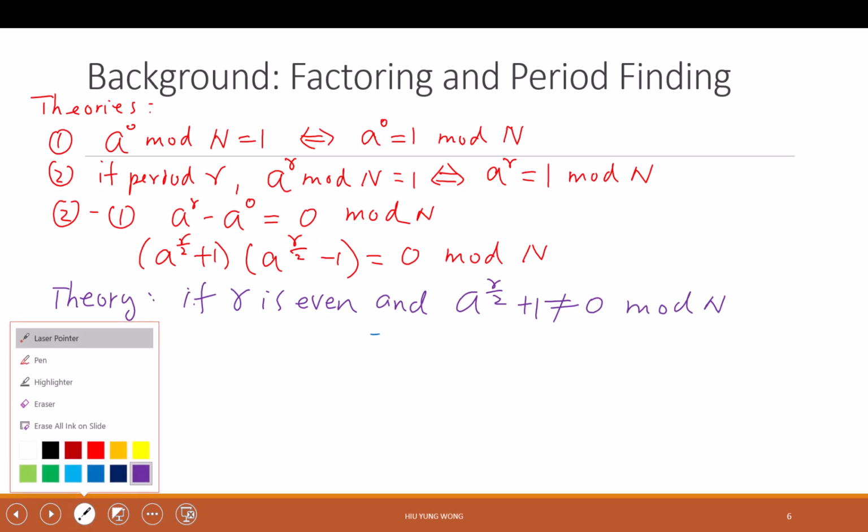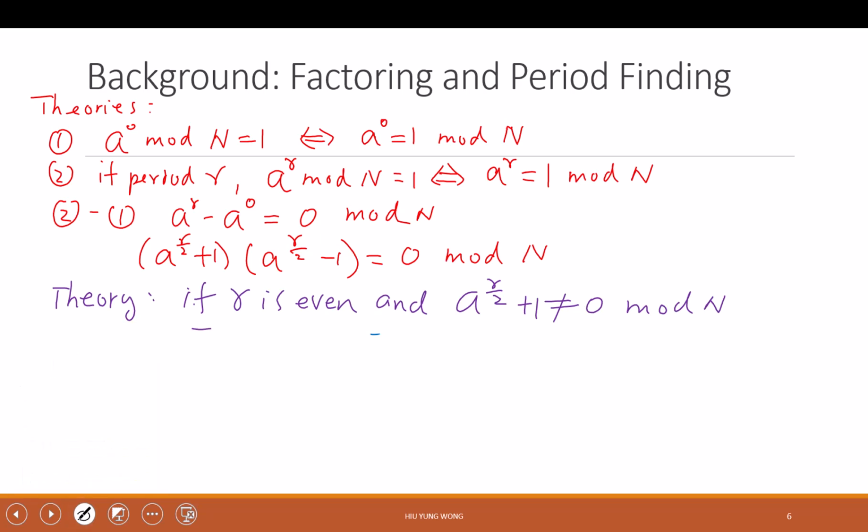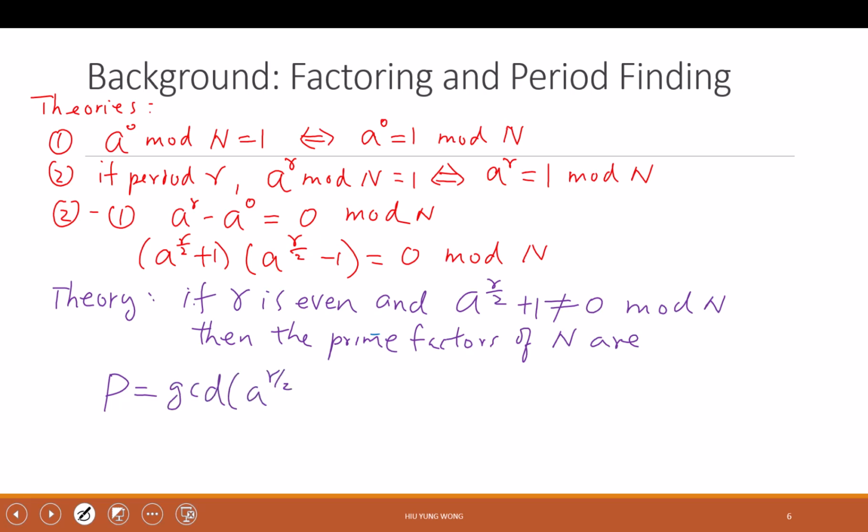If this happens, okay, then the prime factors of n are P equals GCD of a to the power r divided by 2 plus 1 and n.